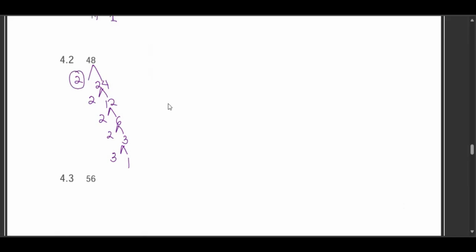We have 1, 2, 3, 4. So, we shall say 2 to the power 4, times, how many times do you see 3? Once. So 3. So this is the same as 48, writing 48 as a product of its prime factors.